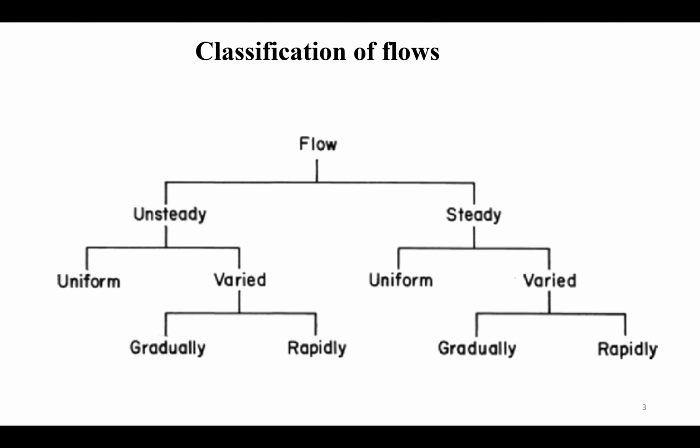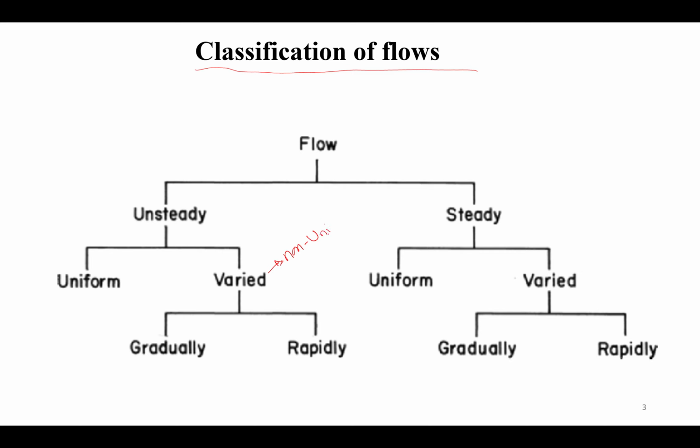Now moving ahead, the classification of flow. Classification of flow is very important for open channel flow, because of the terminology we use in open channel flow, like steady, unsteady, uniform, varied. Varied flow is also known as non-uniform.